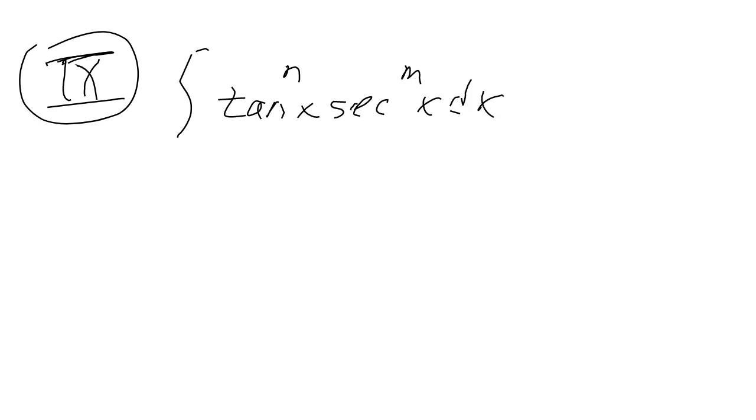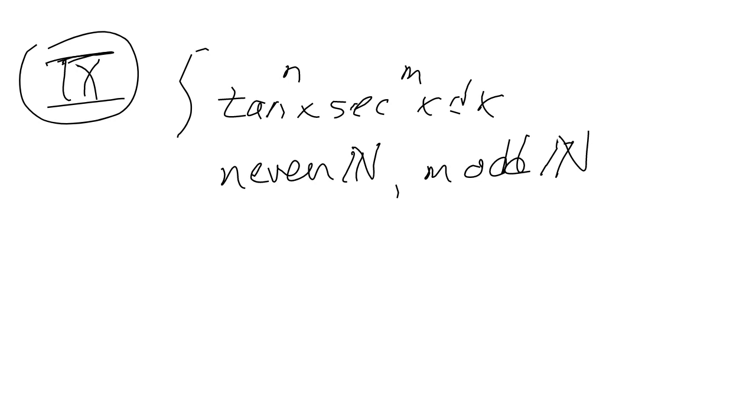So IX is case 9 if I've got the antiderivative of tangent to the nth x secant to the mth x dx, where n is an even natural number, and m is an odd positive integer, so an odd natural number.